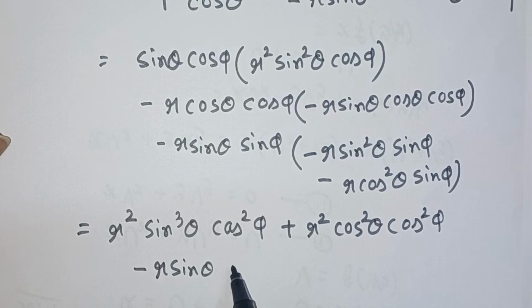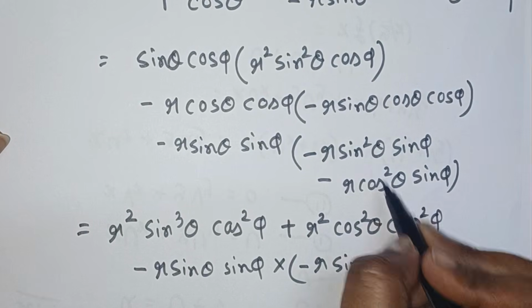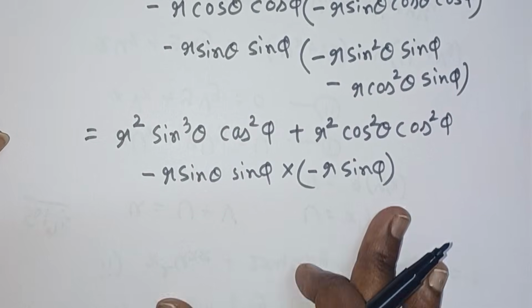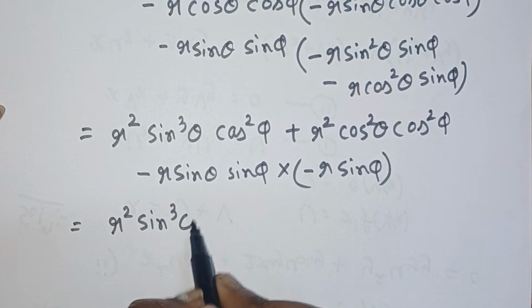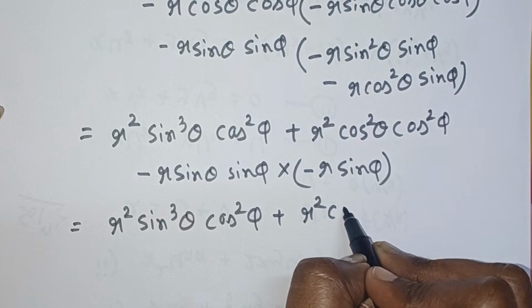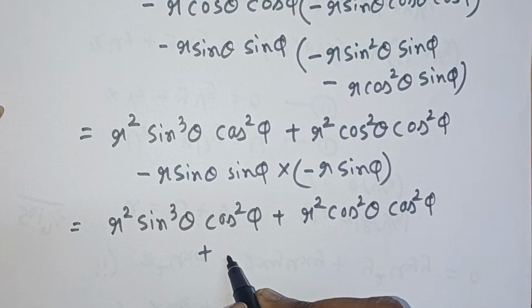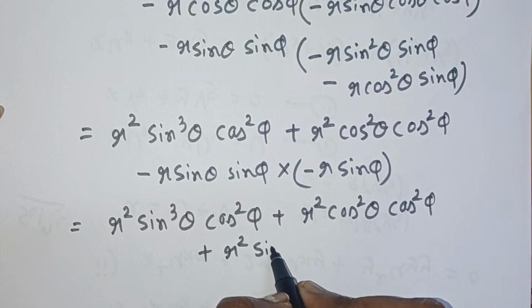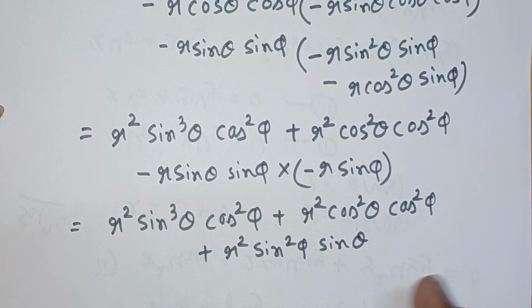Minus r sin theta sin phi, and from this term you can check that minus r sin phi and sin square theta plus cos square theta is 1, hence that is r square sin cube theta cos square phi plus r square cos square theta cos square phi plus r square sin theta and sin square phi.